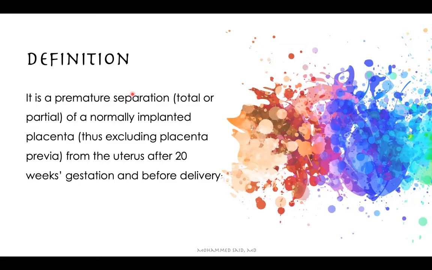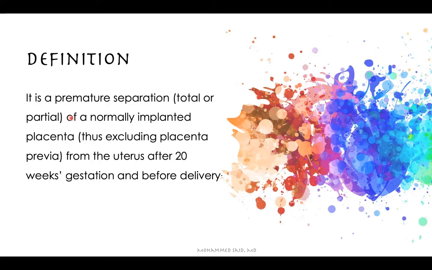Premature means between 20 weeks gestation, because before that it's a different scenario, and before delivery of the fetus, because if the placenta separates during delivery, that's not considered abnormal. With delivery, the placenta should separate after the delivery of the fetus. So that's the first thing, premature separation. And this separation can be total or partial.